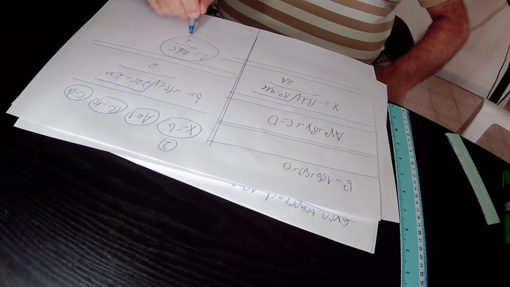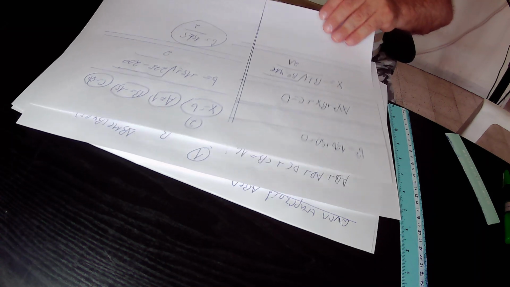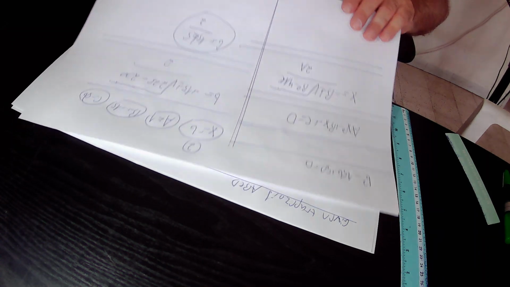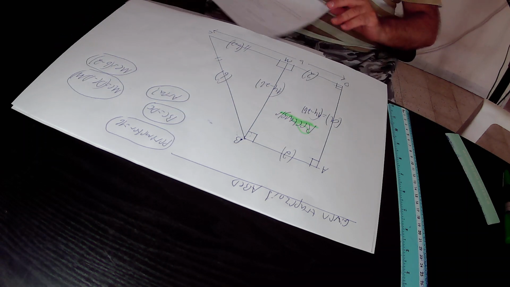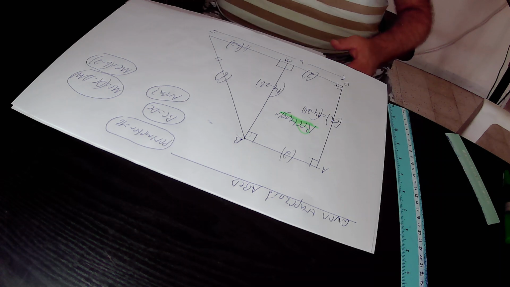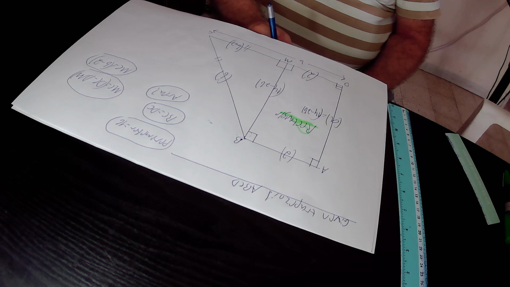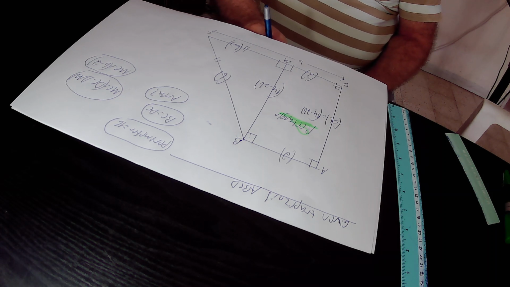We define the first solution as b1 and the second solution as b2. So the first solution, b1, is b1 equals 15 plus 5 over 2.